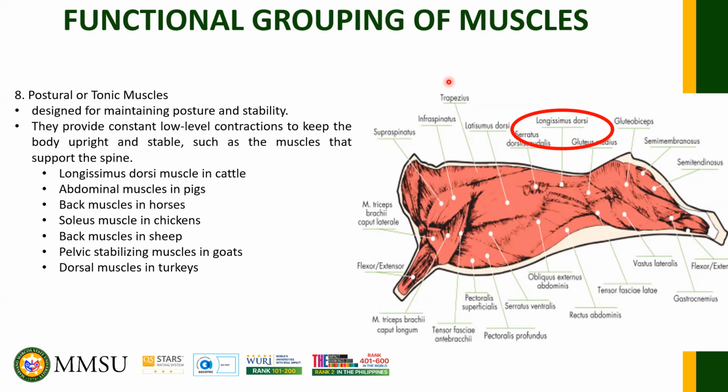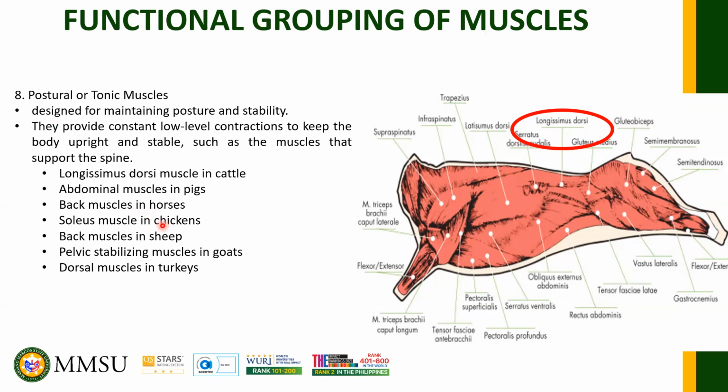Back muscle in horses, we have here the longissimus muscles and then the multifidus muscles. Multi as in multimillionaire and then fidus, F-I-D-U-S, multifidus. Okay? So this also supports the vertebral column.